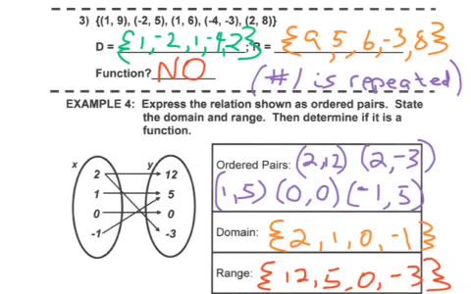So since it is twice in there, this is not a function. The x's have repeated because you see the 1 there and the 1 there. So again, quick way to tell if it's a function, does an x repeat? If it does repeat, then it's not a function.